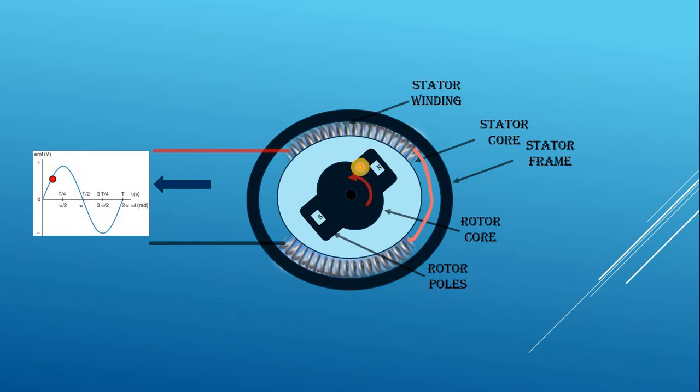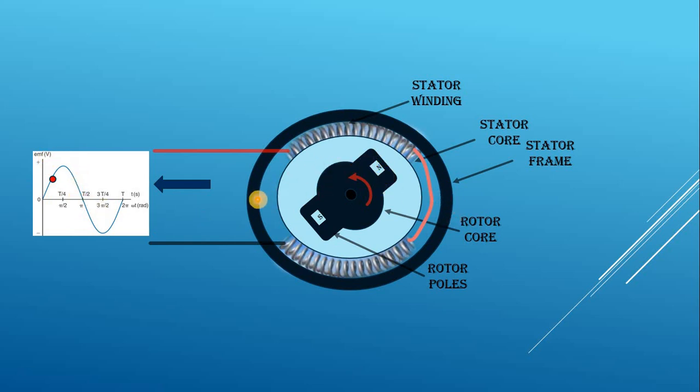Again, when the rotor is rotated in the anti-clockwise direction, the north pole moves away from the coil. The magnetic flux linkage decreases, so the magnitude of induced EMF is decreasing.